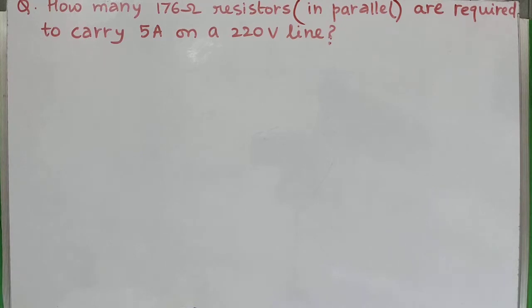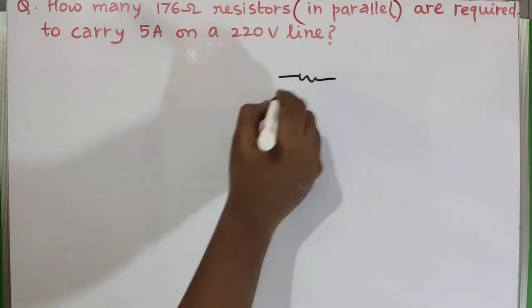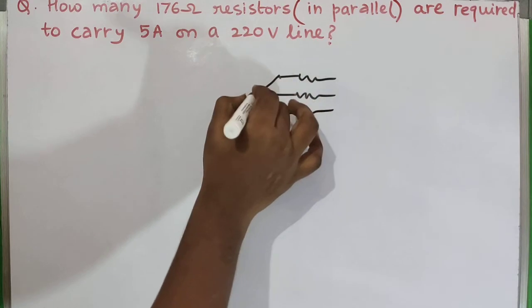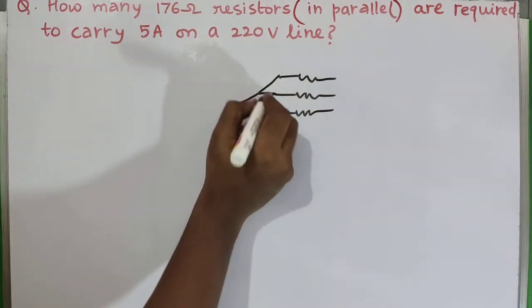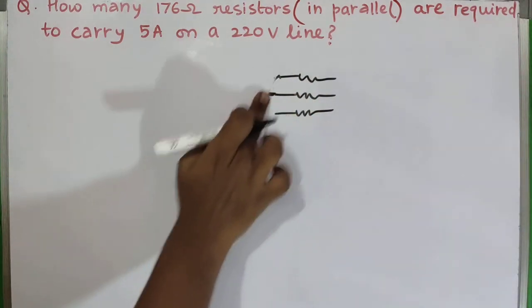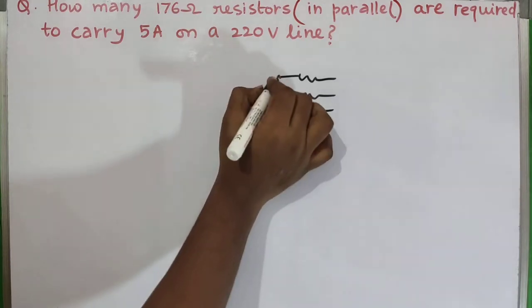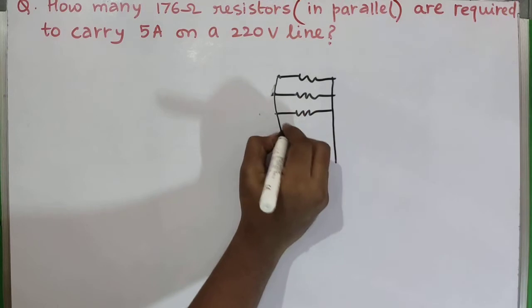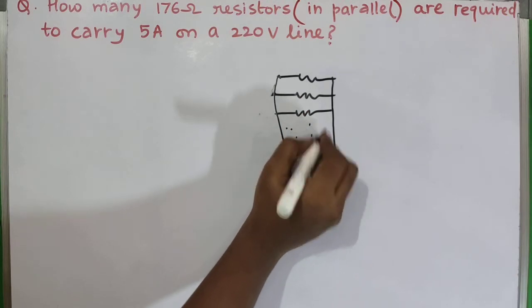So the circuit is something like this. We have 176 ohm resistors, some number, we don't know how many, and they all are connected.